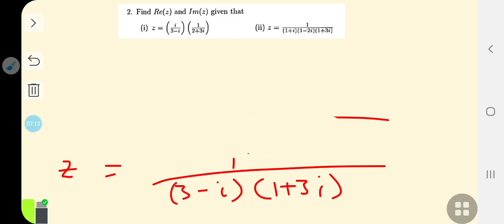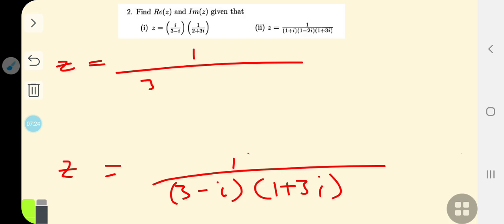Move on. So z, I'm having 1, so we again multiply. From here I'm going to have 3 plus 9i, then minus i, then minus 3i squared, like that.